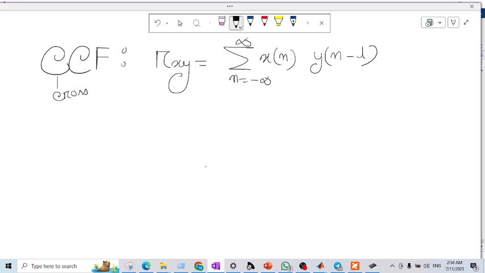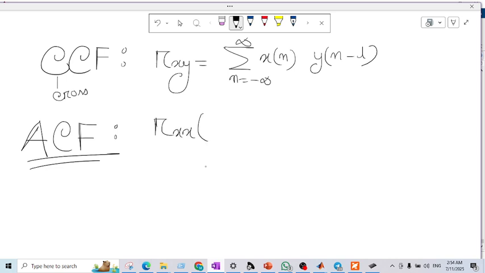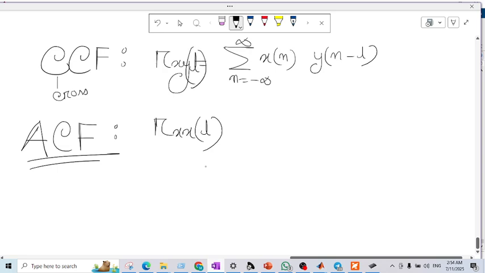But as we are trying to find the autocorrelation function, that means we are correlating a signal with itself, so we have to take x twice. This is a function of L.